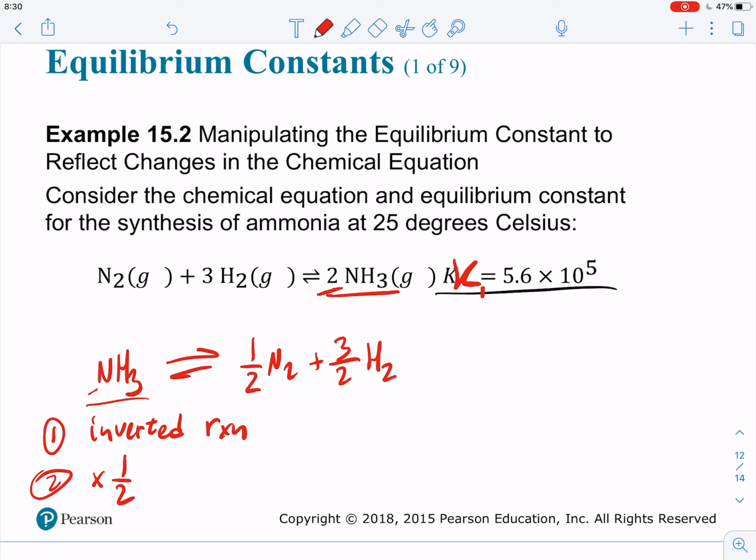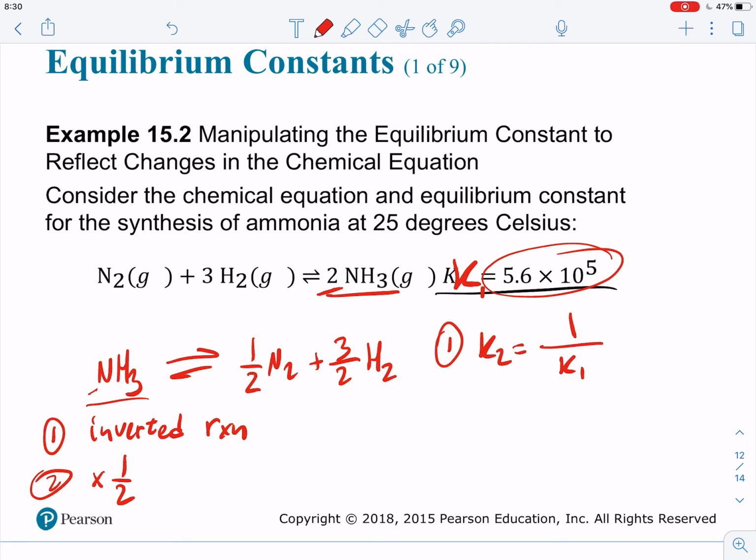So from the first step, let's call K2, since you invert the reaction. Inverting a reaction means you have to take the reciprocal of the initial constant, so this is going to be 1 over K1.